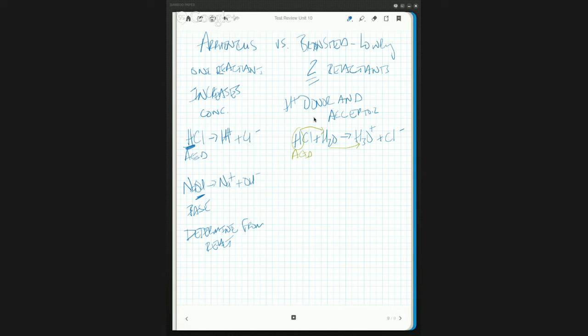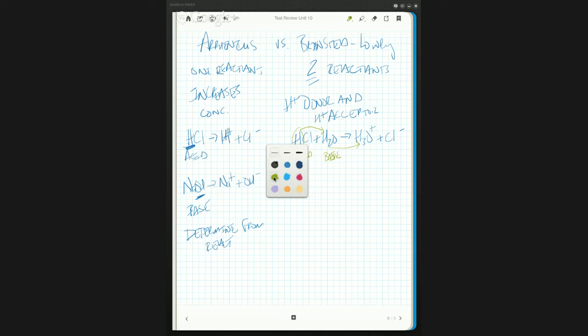H plus donor and H plus acceptor. It's about the H's. It's all about the H's, okay? And the H2O, because it accepted that H plus, becomes H3O plus. That means that it is a Bronsted-Lowry base.